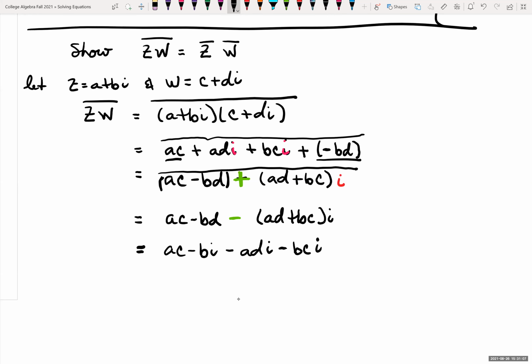Okay, so I want to get it to look like the conjugate of Z, so A minus BI. I'm thinking that I want to regroup things. Actually, did I do something wrong? Yeah, when I brought down, this should have been BD.